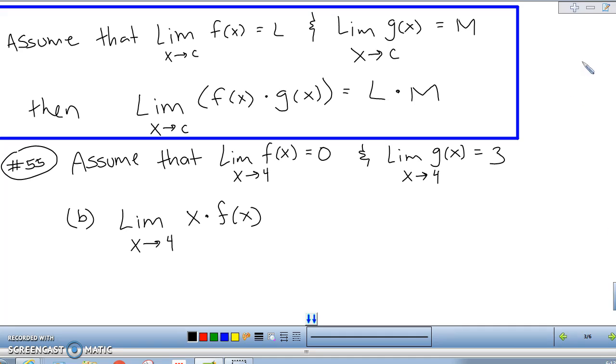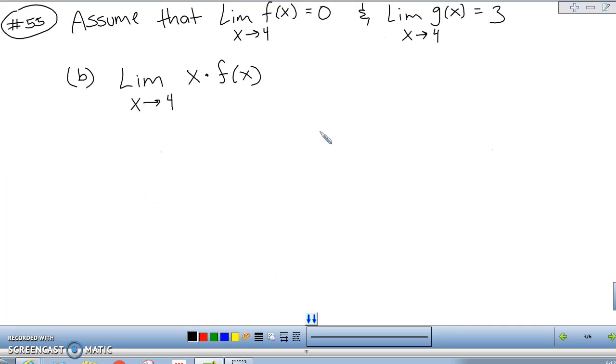Okay, so part B, again, I'm going to give you guys the example of the property we're using. We're assuming the same thing. Now the limit of x times f of x as x approaches 4, the way we're going to apply that, think of it this way.